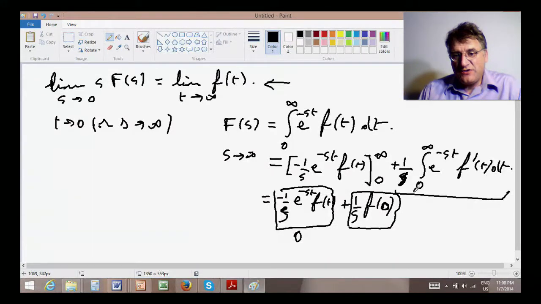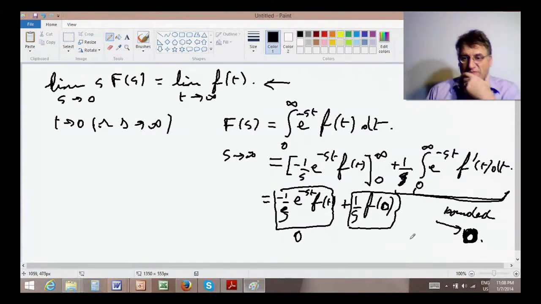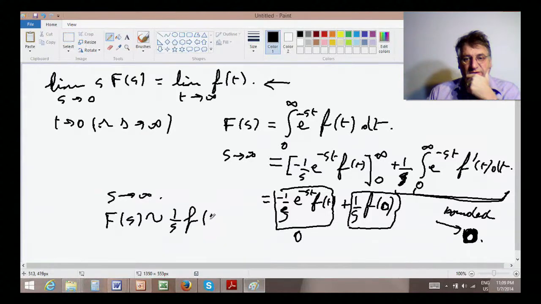That would take a little bit too much time, but trust me, this guy is bounded. Divide by s in front of it, and it tends towards 0. So what we're left with is that when s tends towards infinity, f of s looks like about 1 over s times f of 0.